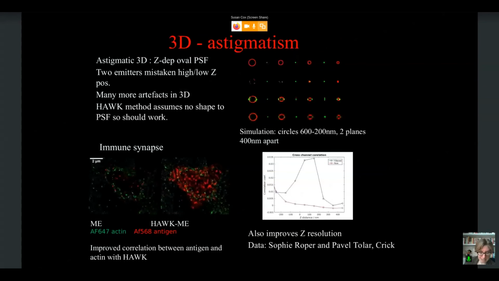Now, obviously, the next thing we'd like to know is, can you do this sort of correction in 3D? And we have tried a few things in 3D. We've tried looking to see if applying Hawk improves it. Now, astigmatism, this is very much early results.